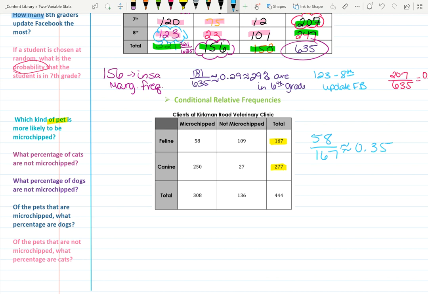And if we look at our canines, so 250 out of the 277, well, I can clearly look at that and I know it's going to be dogs, but I'm going to prove it anyway because we're going to be diligent. So, oh my gosh, yeah, about 90% of dogs are microchipped. So which kind of pet is more likely to be microchipped? Definitely canine.